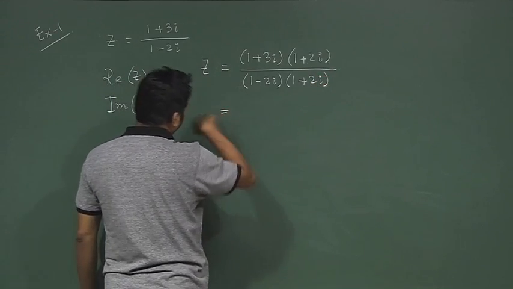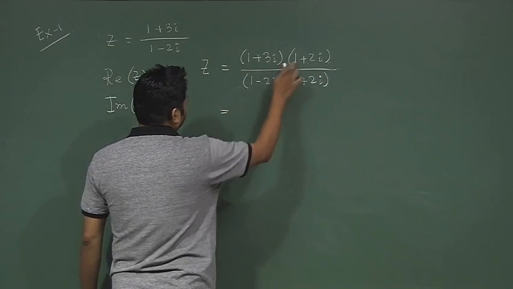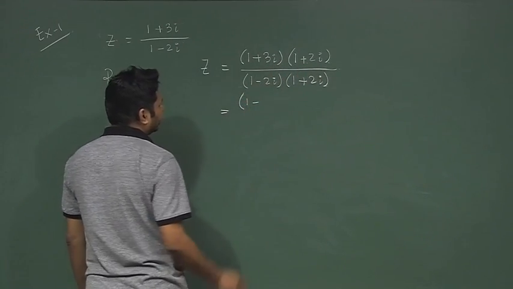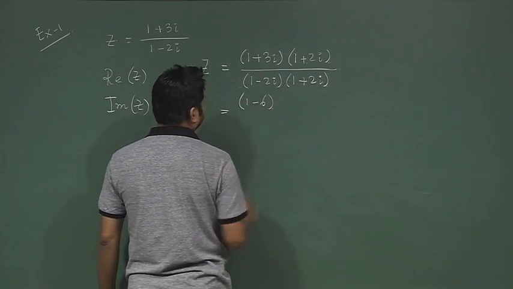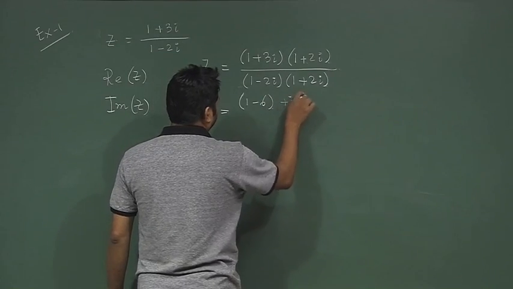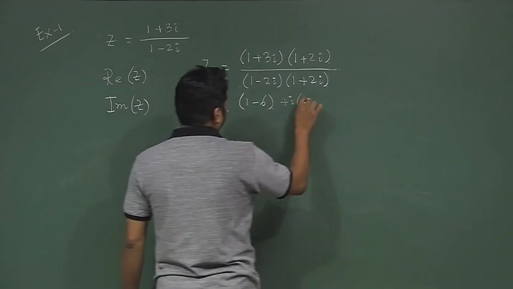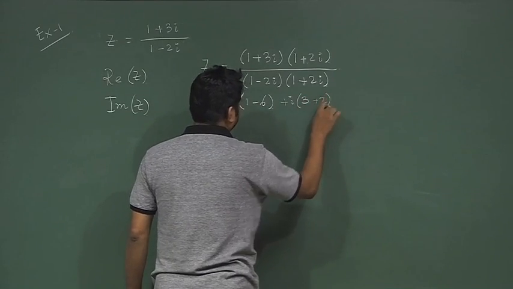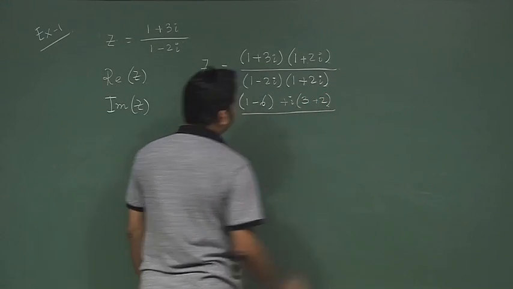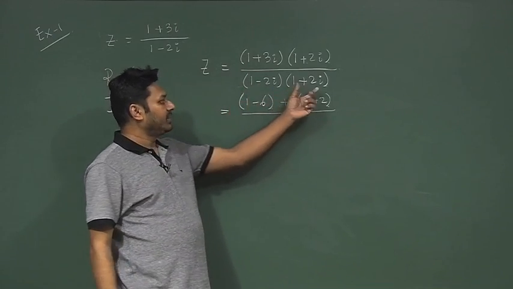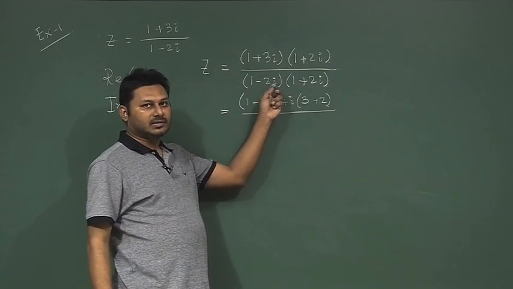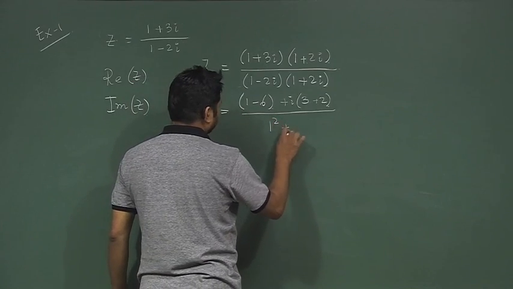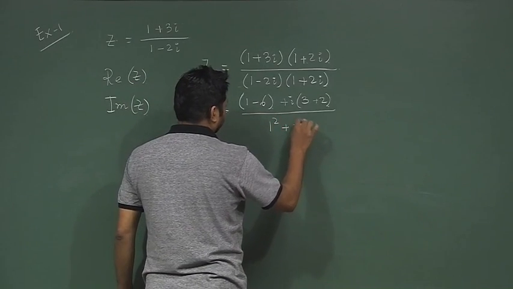So, the numerator will be 1 minus 6 plus i times 3 plus 2, and in the denominator I have a plus b into a minus b, a square minus b square, which is a standard formula, so basically we have a square plus b square.